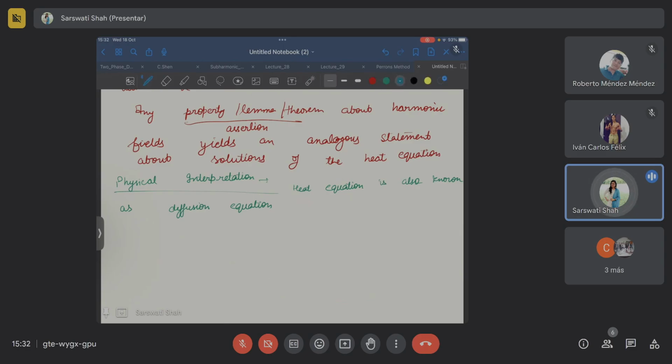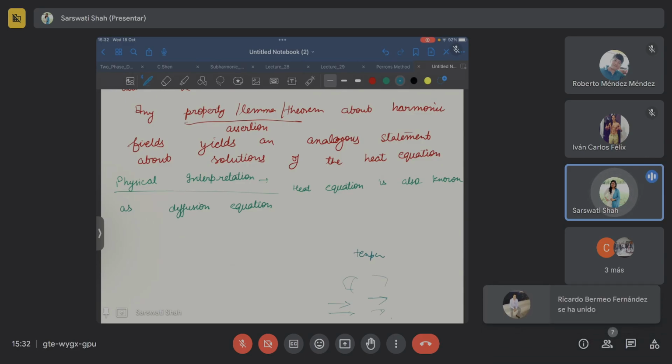So the heat equation is also known as the diffusion equation, because in this we can see that some physical property, either it is the heat or temperature of a rod, or it is the concentration of the color pollutant which we have dropped on the surface of the river, is going to move from one point to another point, or in another way you can say that it is going to spread in the domain.